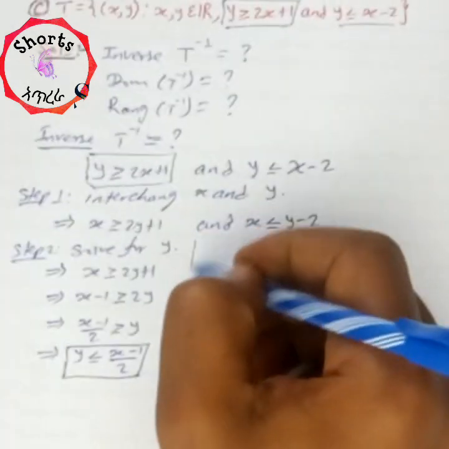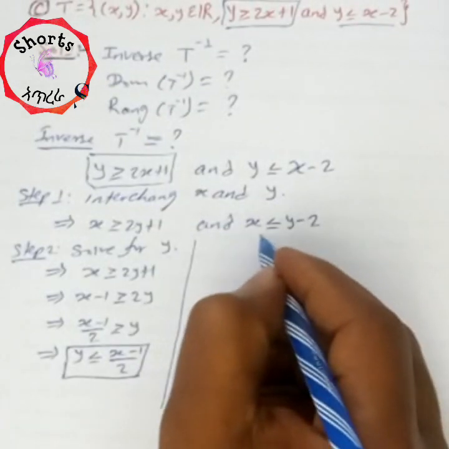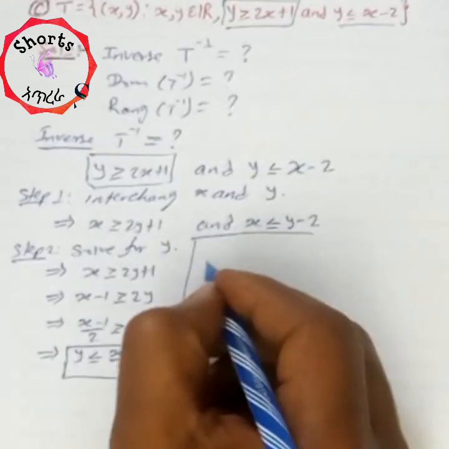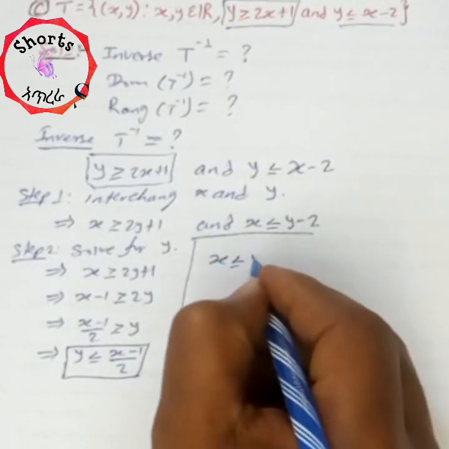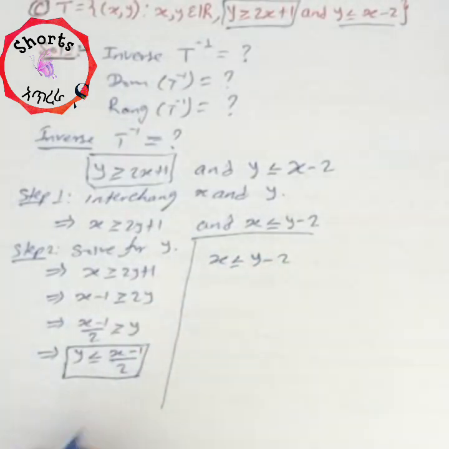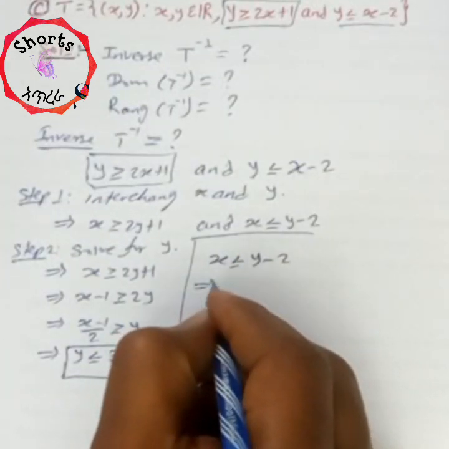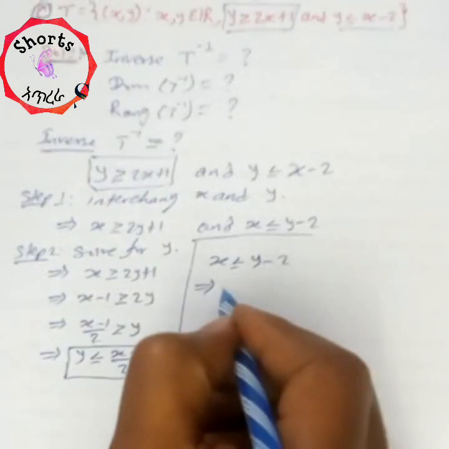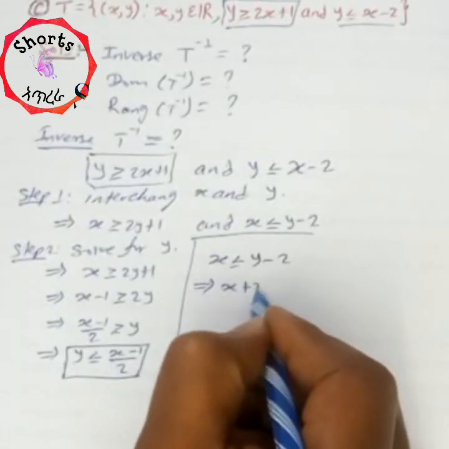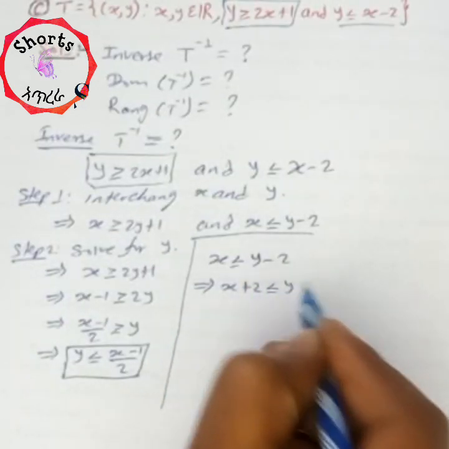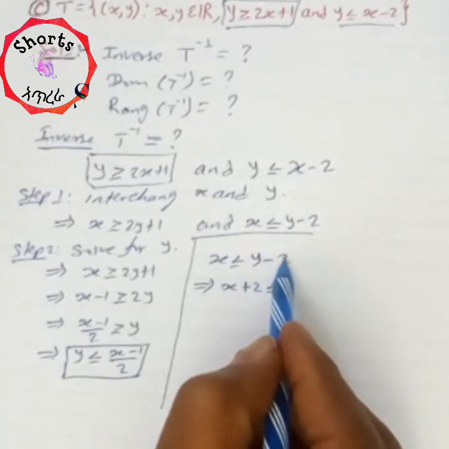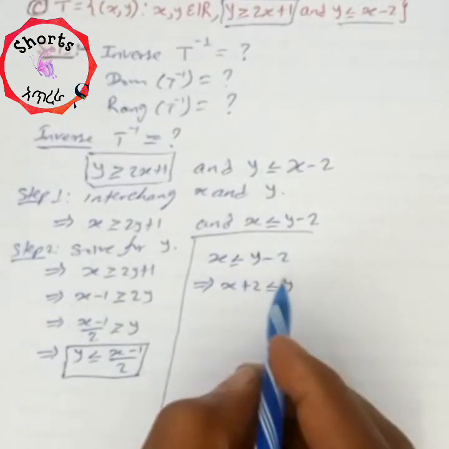Next, consider the second inequality, which is x less than or equal to y minus 2. Rewriting this inequality in terms of y, we obtain x plus 2 less than or equal to y, by adding 2 to both sides.